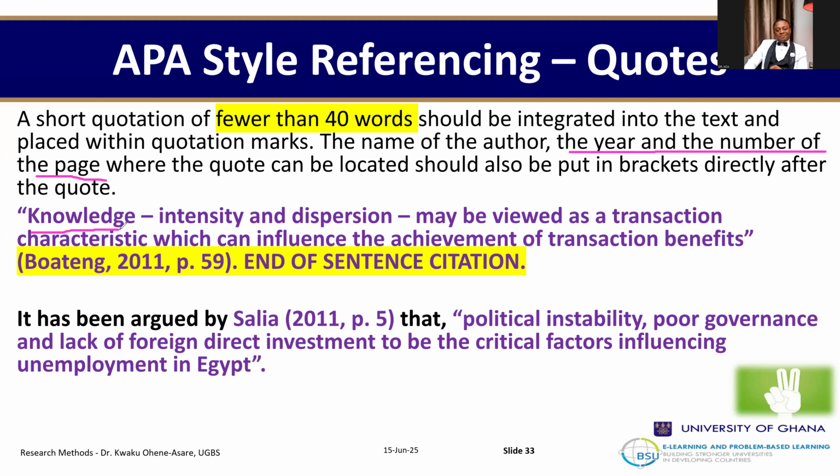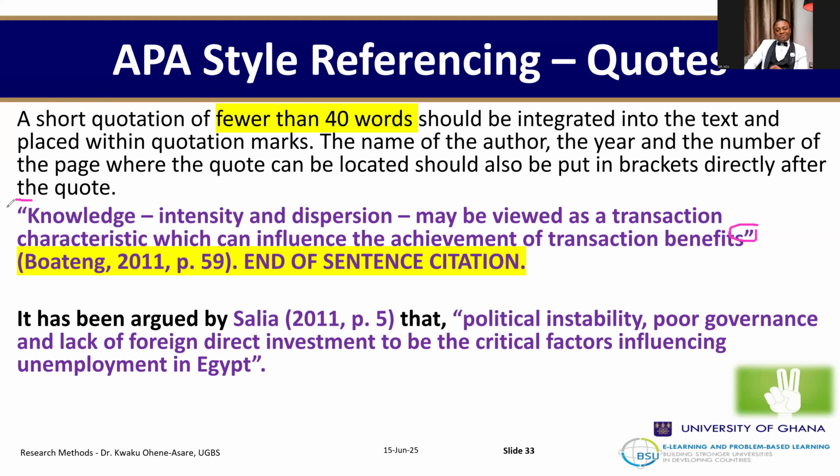Knowledge, intensity, and dispersion. "Knowledge may be viewed as a transaction or transaction characteristic, which can influence the achievement of transaction benefit." This statement was said by Boateng, 2011, page 59. Now, watch it carefully: you bring the closing quotation mark at the end of the sentence.